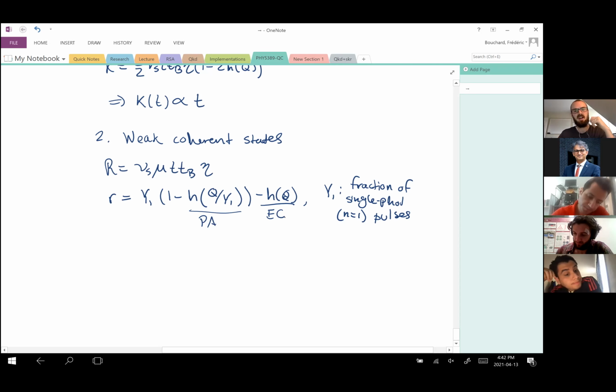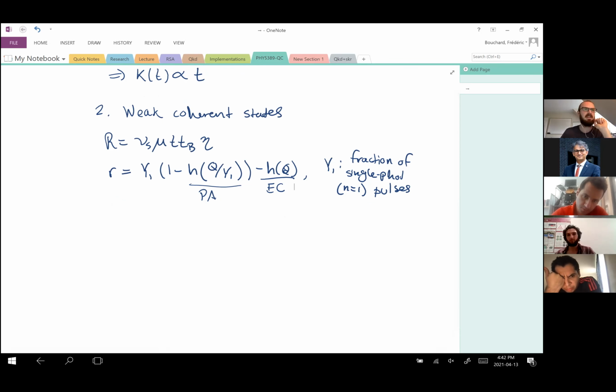For privacy amplification, you have to look at the 1 photon states, because those are the ones where Eve will introduce errors. So you have this slightly modified secret key rate when you take into account higher photon numbers. For weak coherent state, I'm not going to go through the math, but Y1 takes this shape.